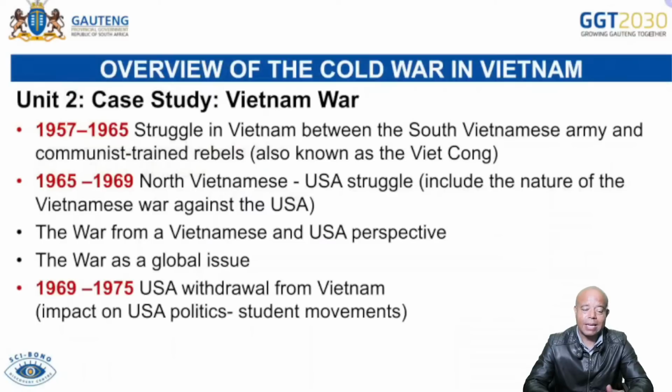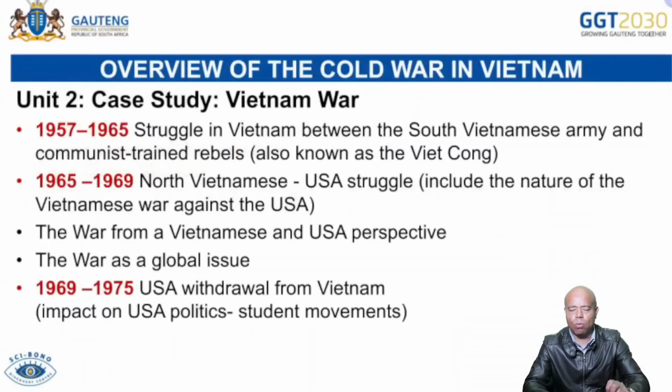So by 1969, there were more than 500,000 troops already in South Vietnam. And the Americans were used to conventional warfare, and the Vietcong used what we call guerrilla tactics.